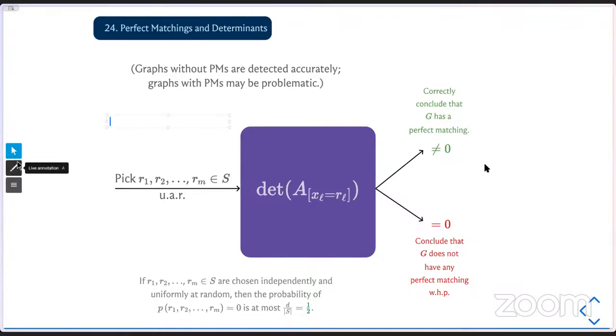So notice that the probability of hitting a root is at most d over S. My degree is n because that's the nature of the determinant polynomial. If I want this to be at most half, then I should pick the size of S to be at least 2n. The bigger the field, the smaller the relative density of the landmines. So I pick a field with at least 2n elements.